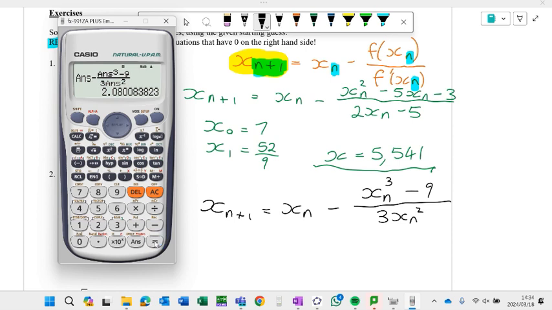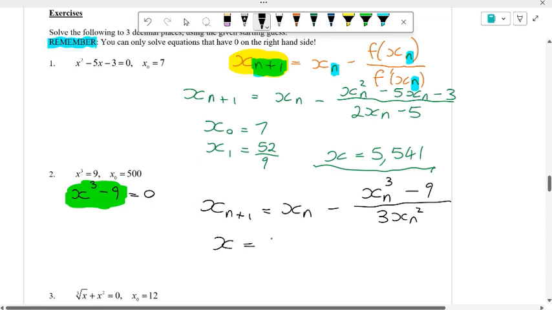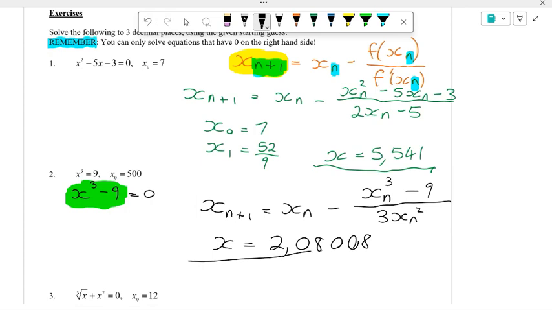I think I had to press the equals button like 10 or 12 times. And so I actually get 2.08008. In the exam we'll tell you how many decimals to give your final answer to. 2.08008. Okay, so that would be to 5 decimals. So it's actually very straightforward.